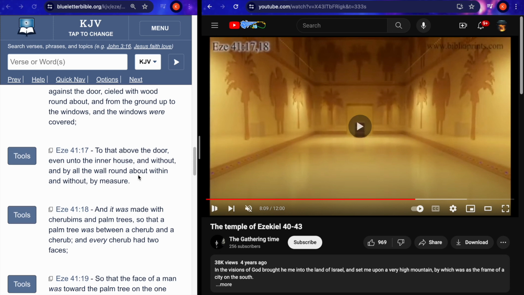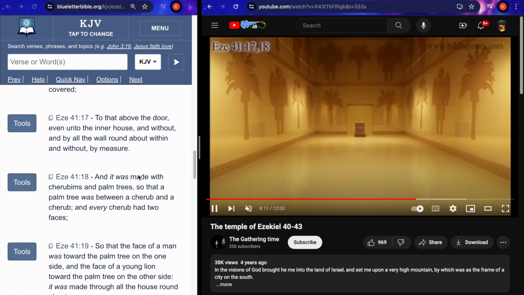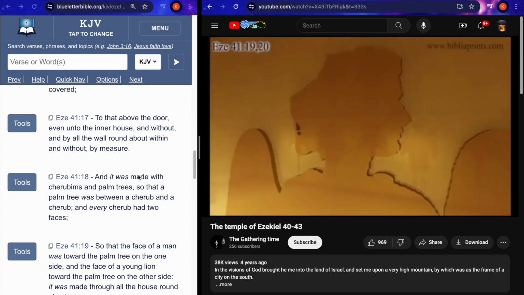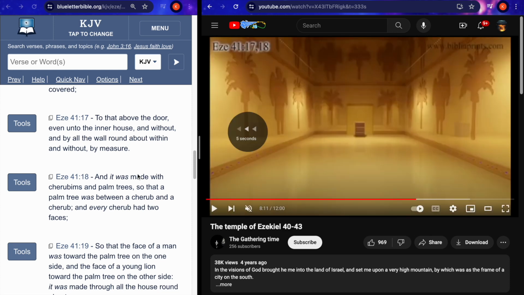Verse 17, to that above the door, even onto the inner house, and without, and by all the wall round about within and without by measure.